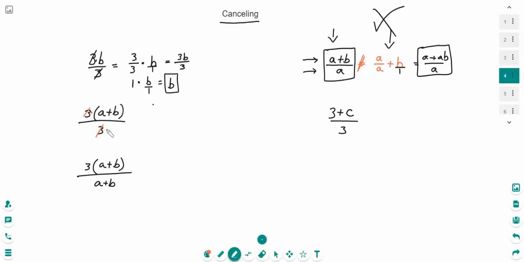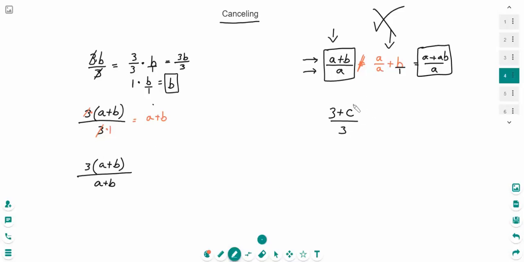If you want, you could think of this as a 3 times 1, and thus making this 3 a factor. So 3 is a factor in the numerator as well as in the denominator. Therefore, we can cross it out. And we're left with a plus b over 1, which is just simply a plus b. Right? See that?